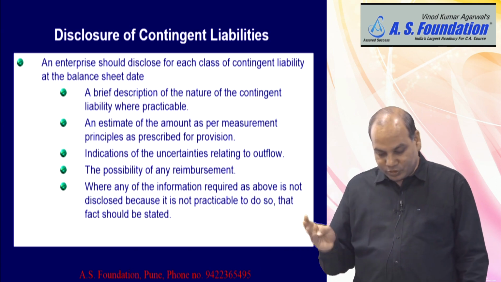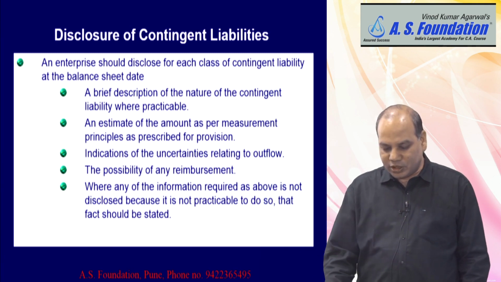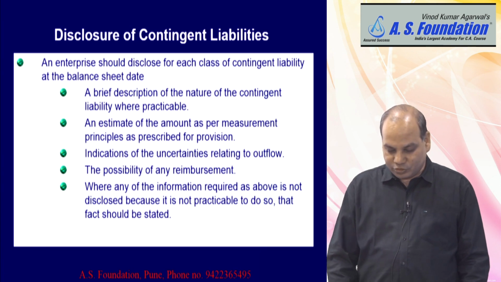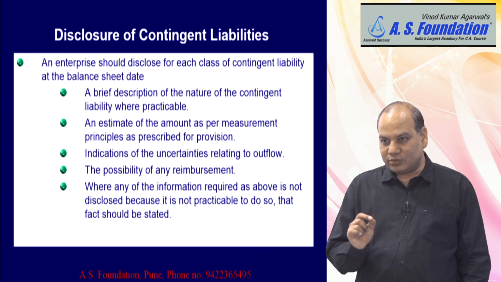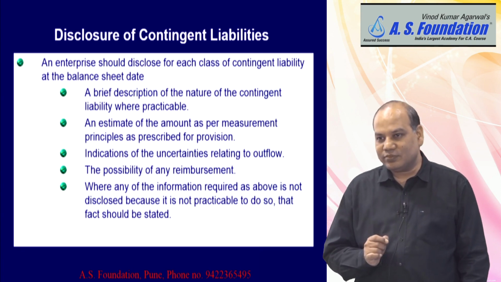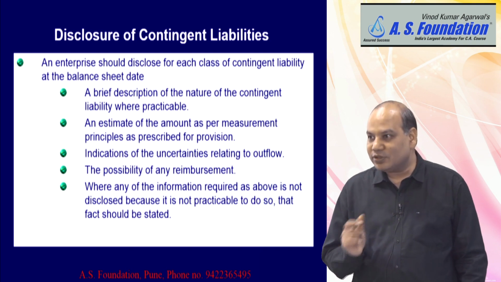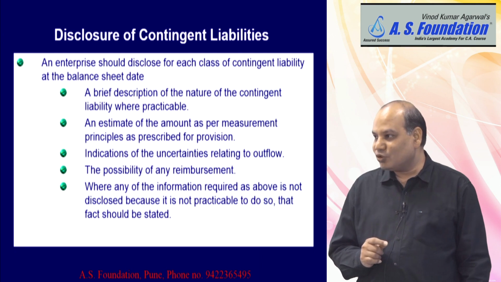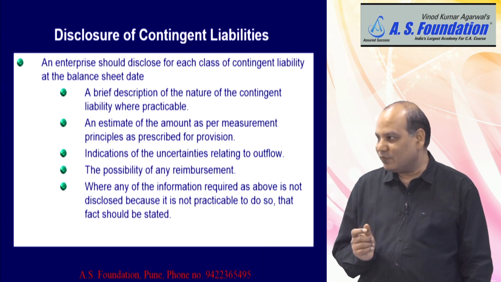Okay, a brief description of the nature of contingent liability. So you have to write what is that contingent liability. So you can write employee compensation claim under dispute, or income tax under dispute, bill discounted but not yet matured, guarantee given on behalf of ASF Limited, contingent liability 5 crore.